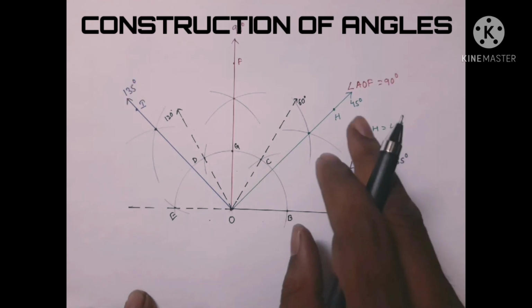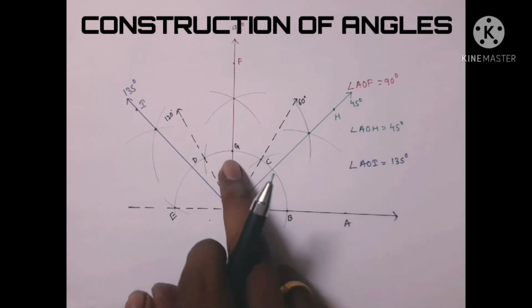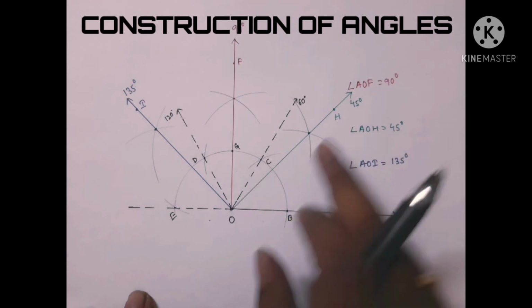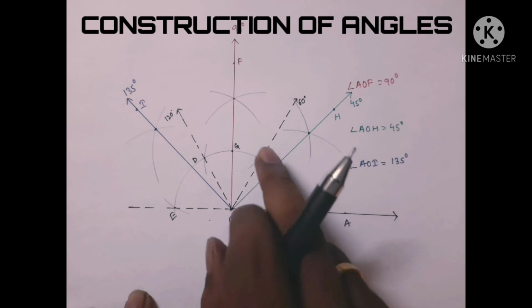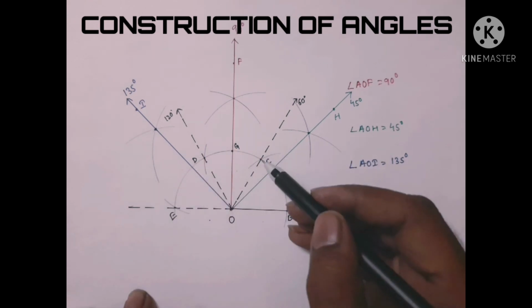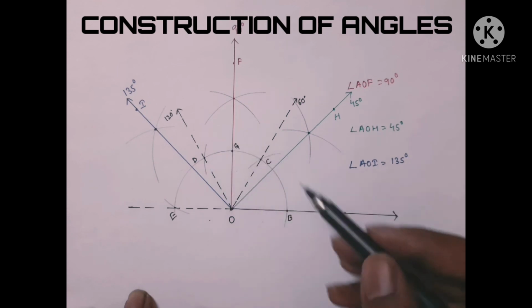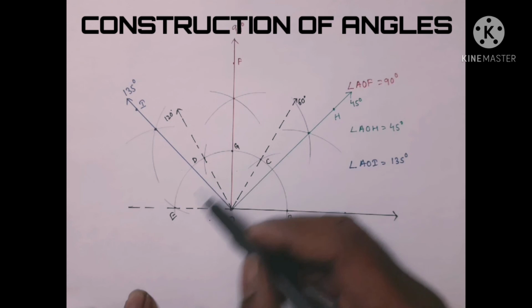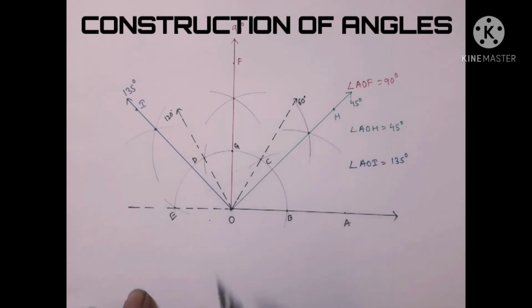So we see here, we get 90 when we bisect 60 and 120. If we bisect 0 and 90, we get 45. If we bisect 90 and 180, we get 135 degree. Thank you and keep exploring.